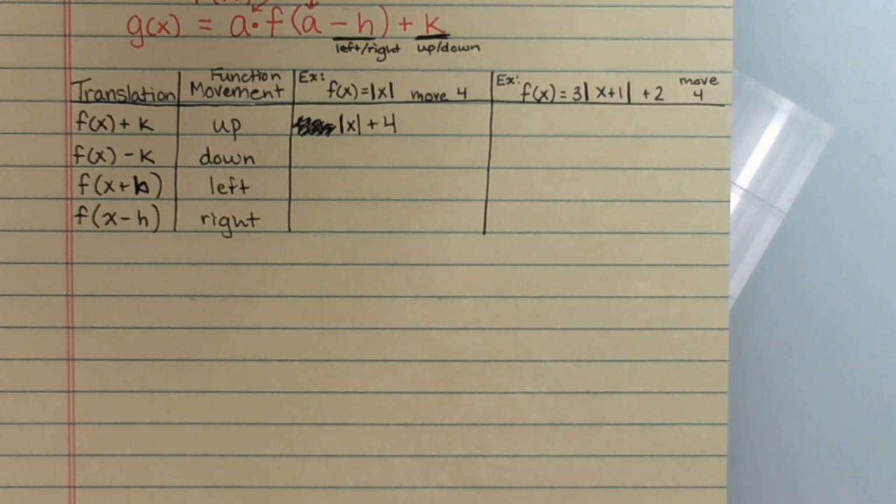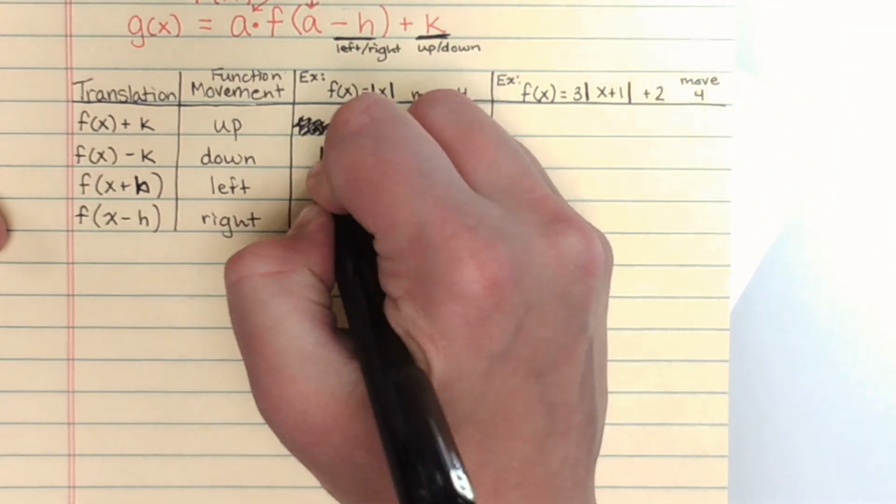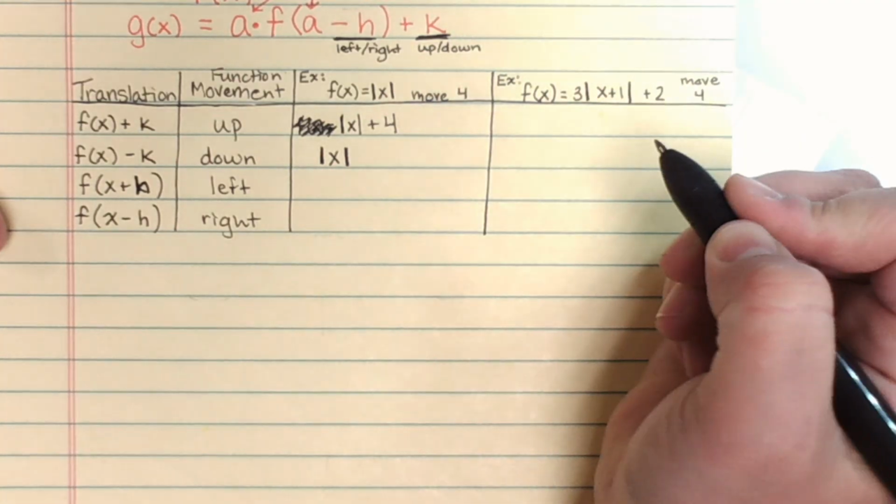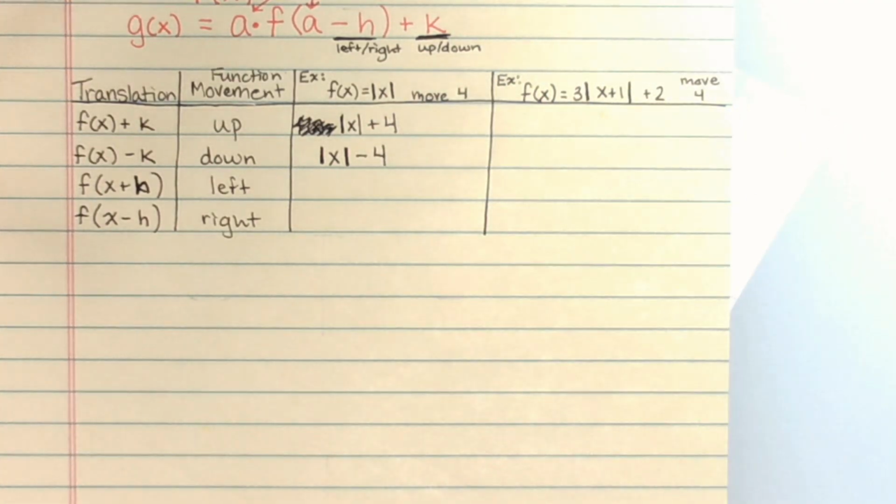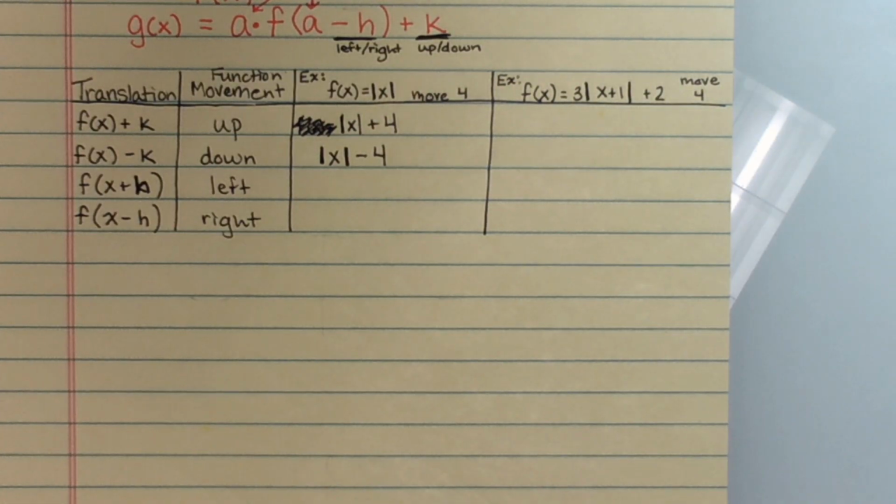All I'm going to do if I want to move it up. If I want to move it down, same thing. Take the original function, subtract 4 from it. Now when it's the parent function, it's pretty easy to see those things. When it's not the parent function, it becomes a little more complicated.